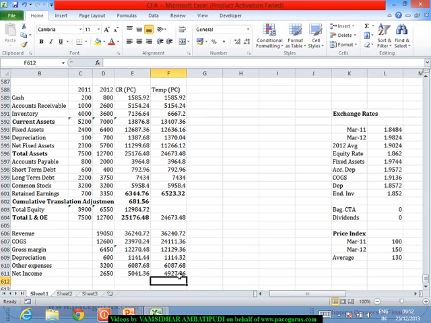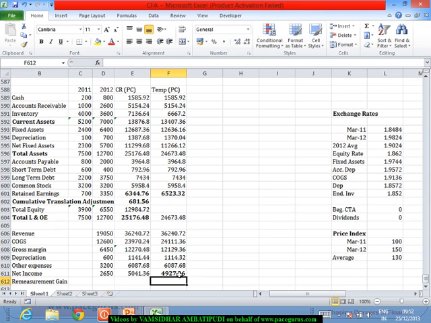Here the net income is working out to be 4,927. One important value to look at, but here we get one more entry, which is the remeasurement gain or loss.